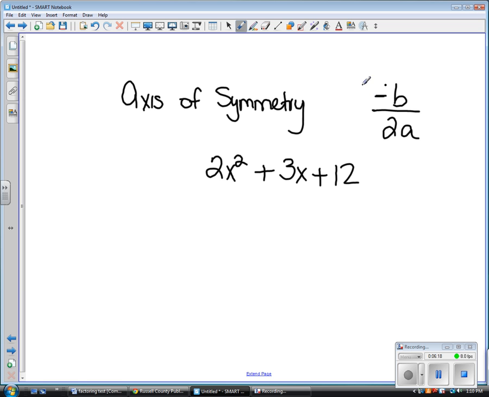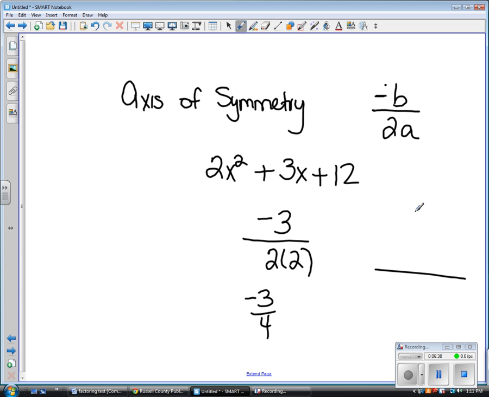I'm going to take the opposite of b. That was a positive 3, so it's going to be negative 3, correct? Over 2 times a. My a in this was 2, so that's 2 times 2. Once I solve that, I get negative 3 over 4.